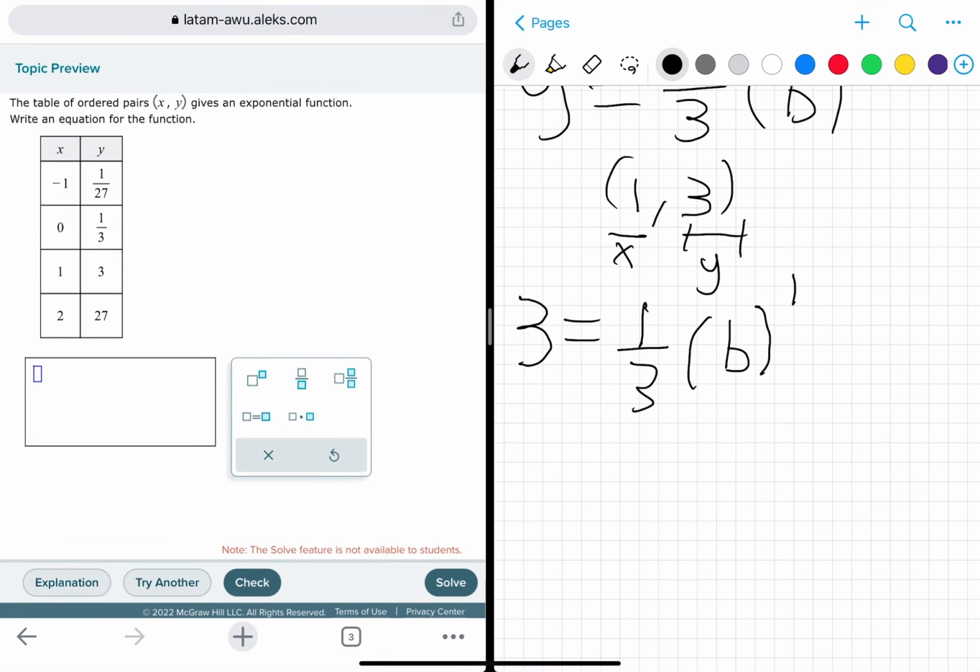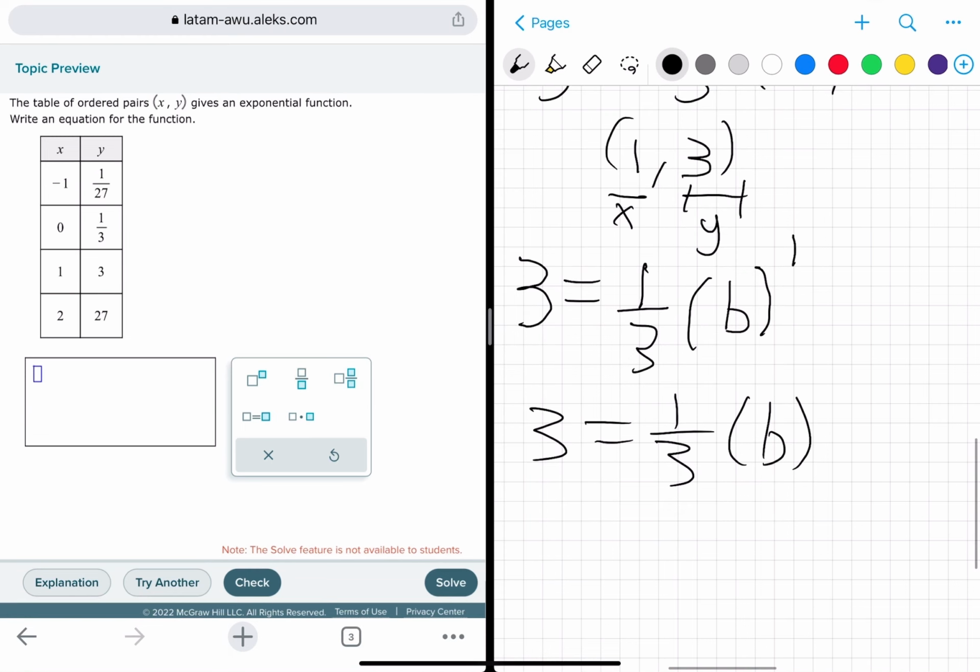If I do the math here, I get 3 equals 1/3 b. Any number to the 1 is the same number, so there is not much math to do here. Now this is just a simple equation. If I want to leave my b alone, I have to move this 1/3 to the left side.